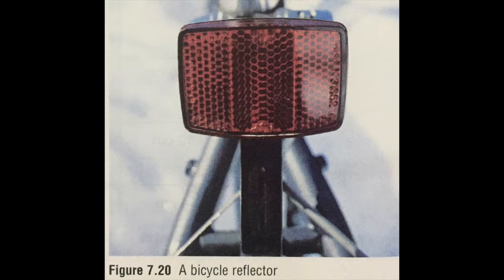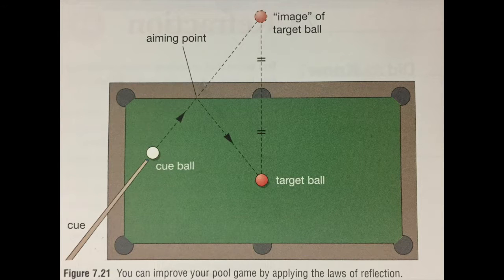Pool players can use the laws of reflection to improve their game. Like a light ray, a pool ball travels in a straight line until it strikes something. In a bank shot, the white cue ball bounces off a cushion before it strikes the target ball.